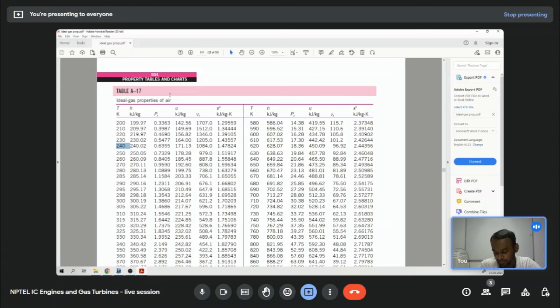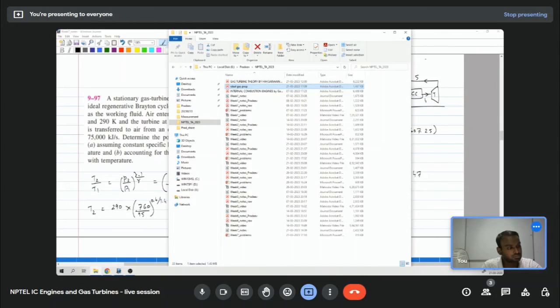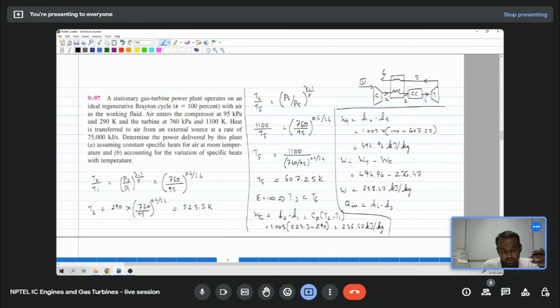Here the temperature steps are given in 5 Kelvin at this region, around 310 and 315, but initially there is a step of 10 Kelvin. For any intermediate value, we have to interpolate and then find the enthalpy. So the problem can be solved again by using these enthalpy values.